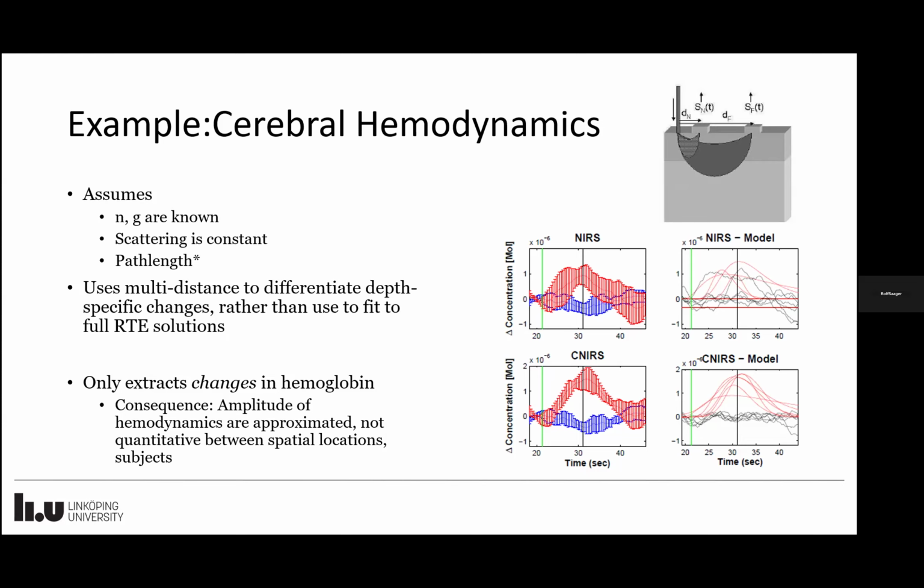All the stuff basically what Boas's group was doing and everyone else was doing at the time, and just calculating delta oxy and deoxy. So there was nothing really fanciful in what we were doing, not very different. The main question that we had was, we had now these hemodynamic signals at two different source detector separations.